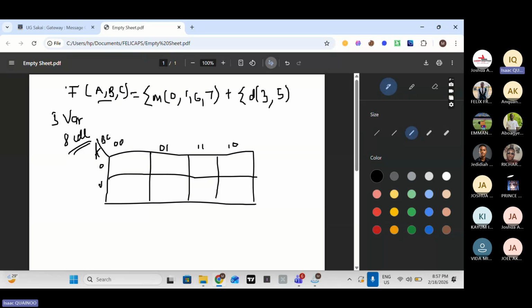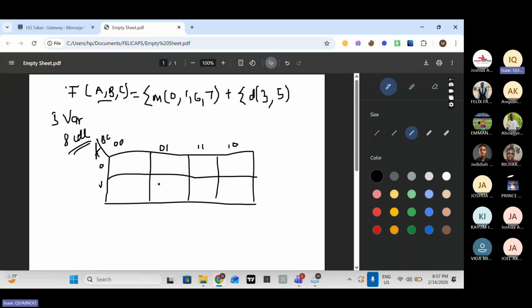Before we proceed, this is the first thing we have to do because this is a 3 variable K-map. For the variables A, B, and C, this should be the framework of our K-map.